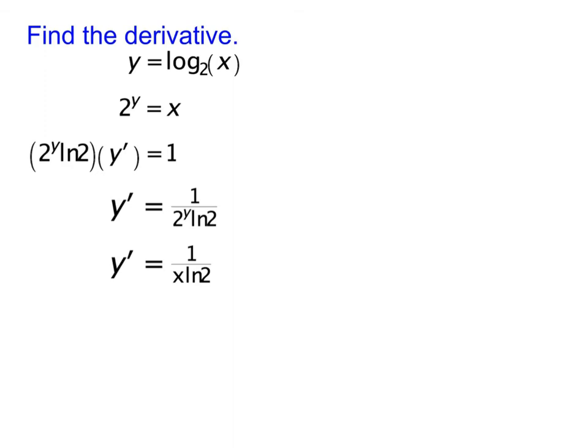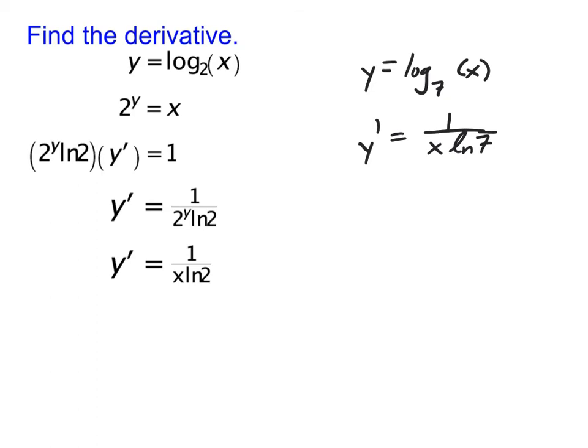Based on that, if I gave you y equals log base 7 of x, what would y prime equal? What do you think? Well, the only place the 2 showed up was inside the natural logarithm. So, yeah, that's where the 7 would be.